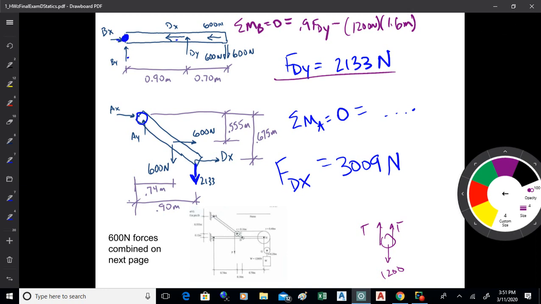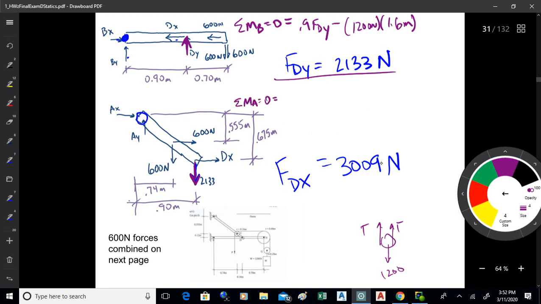Then I moved down to the lower one. I found that this was up at 2133, so that means this one's down at 2133. Okay, you got to remember to turn them around. And then I can take moments about A and solve for Dx. So I'll go sum of M_A equals 0. And I've got a lot of stuff to do here. So I've got minus 600 newtons times 0.74 meters.